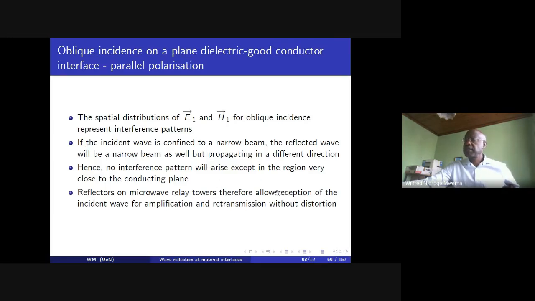But we expect that the amplification and retransmission will be without distortion because of this idea that the incident wave will be confined in a narrow beam, and therefore the interference pattern that is produced by the spatial distribution of E1 and H1 will be confined only very close to the conducting plane, which is the dish surface that is behind the antenna.